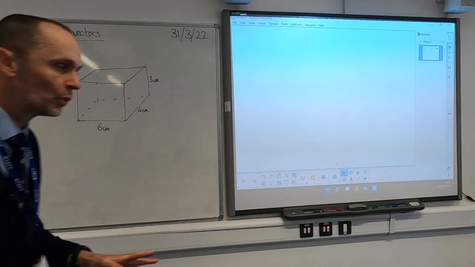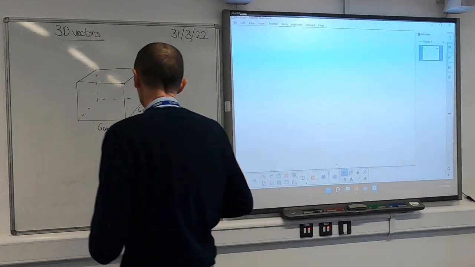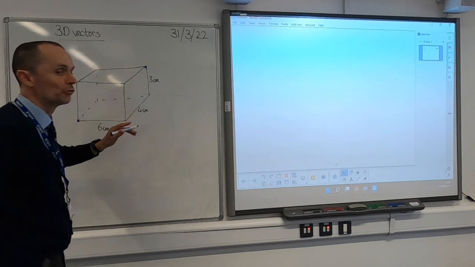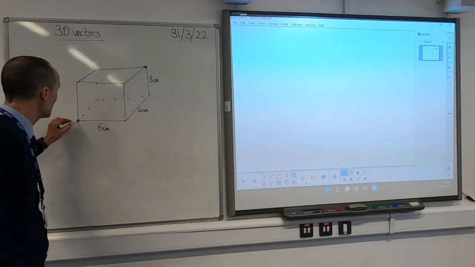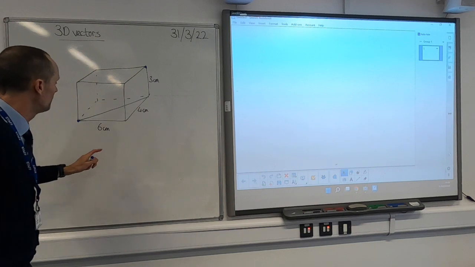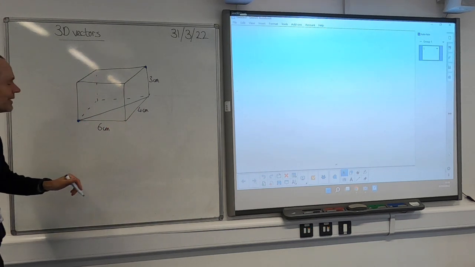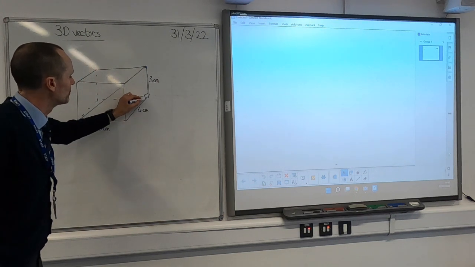Now, of course, there's a short way and a long way of doing this. And I'm wondering whether anyone knows the short way. The long way is to say, right, well, firstly, the longest dimension is sort of from here to here, although I could draw that in several different places. We call it the internal diagonal. And so the long way is to work out the base diagonal by doing the square root of 6 squared plus 4 squared, because it's the hypotenuse, and then using that length in that right angle triangle.